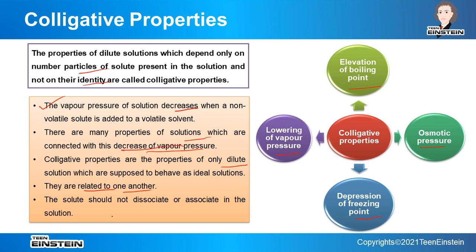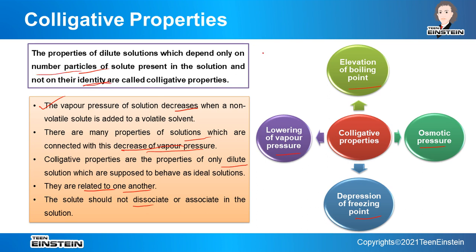And remember, the solute that we have taken should not dissociate or associate in the solution. Suppose you have taken an electrolyte, KCl; it will dissociate as K plus and Cl minus. But suppose you have taken glucose; it will not dissociate because it is not an electrolyte. As we have said, here the nature is not important, but the number of particles is important.